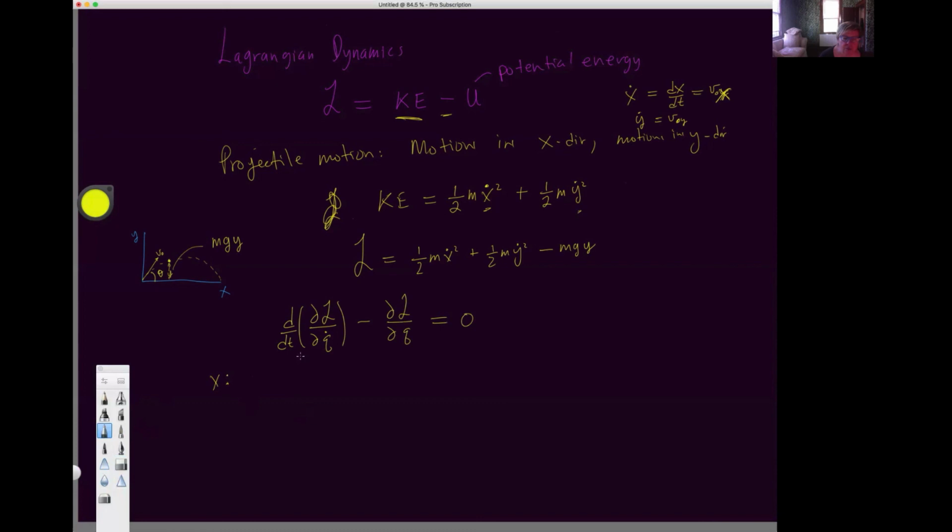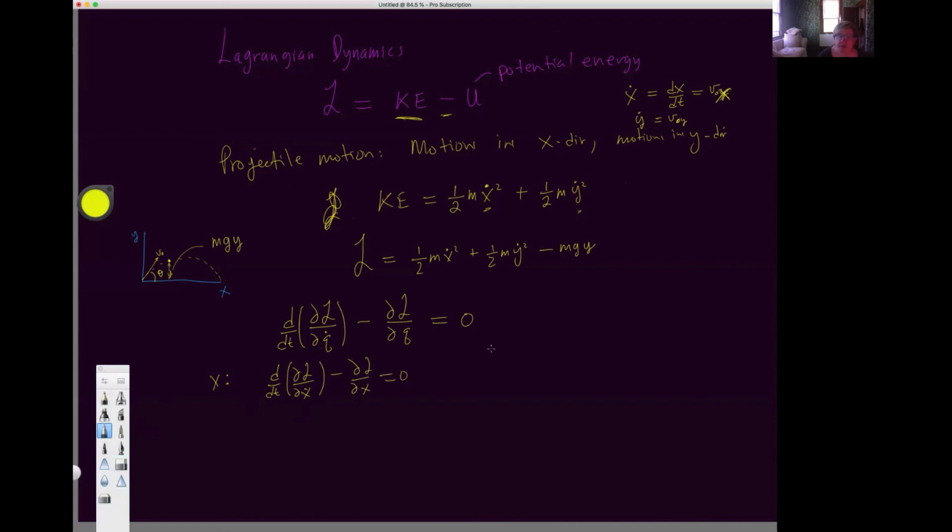So first, we're going to take partial L, partial q dot, and in this case, I'm going to write out the equations in terms of x, just to be really clear. So d/dt of partial L, partial x dot, because we're using x now for q, minus partial L, partial x equals 0. What does that get us?